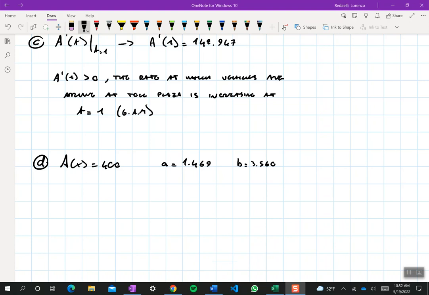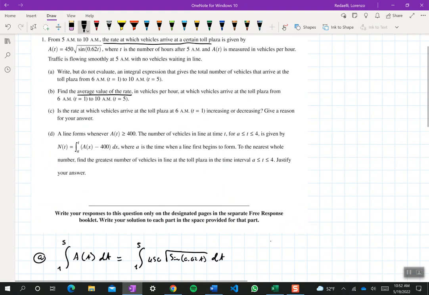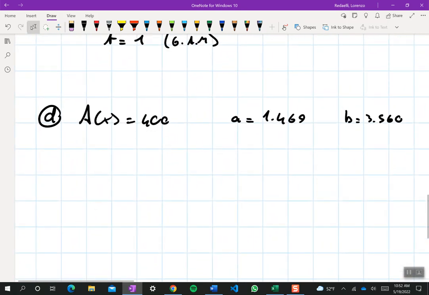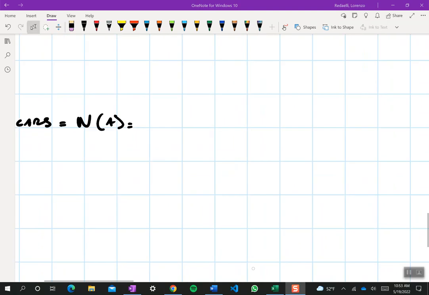So now we're going to use the equation that is given for the number of vehicles, and we're going to say that the maximum number of cars is equal to N of t, which is equal to the integral from a to b of A of x minus 400 dx.